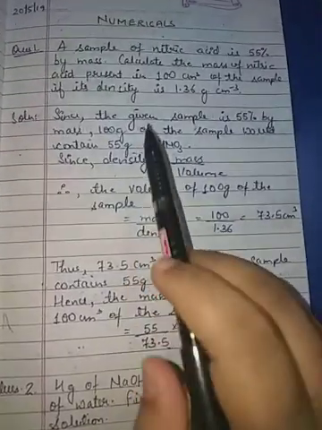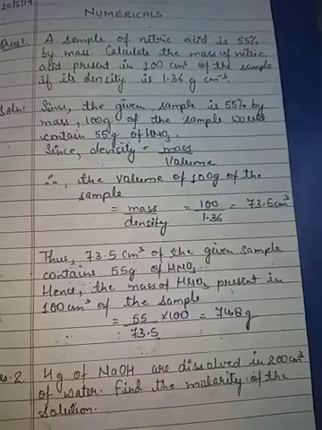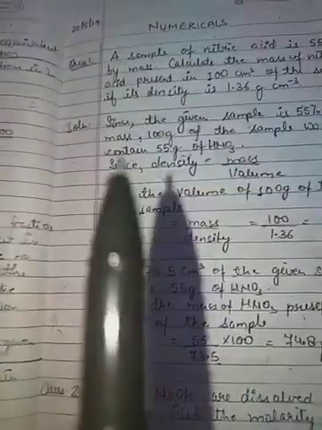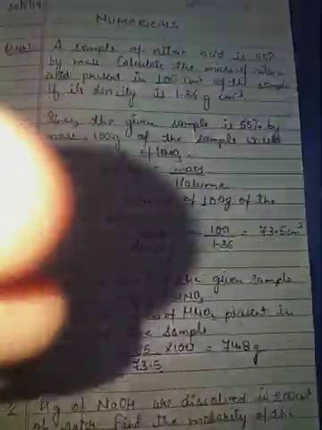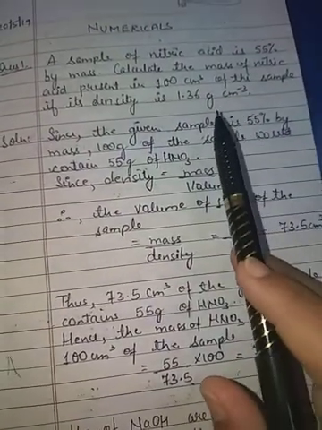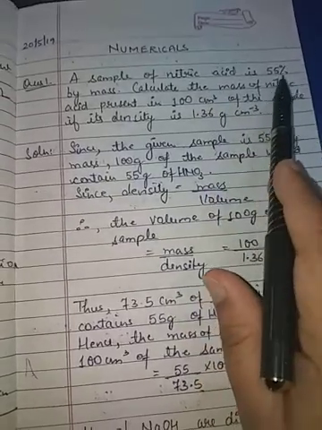Question 1: a sample of nitric acid is 55% by mass, and we have to calculate the mass of nitric acid present in 100 centimeter cube of the sample if its density is 1.36 gram per centimeter cube. What is given is that the substance is 55% by mass.